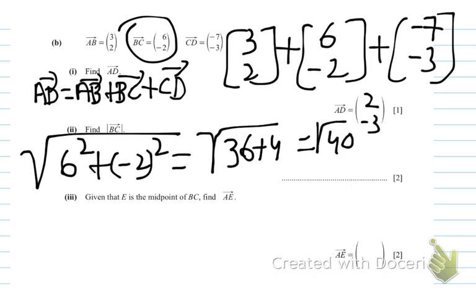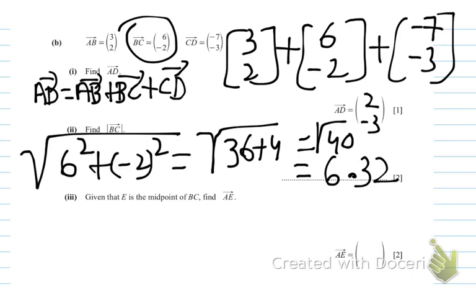You can leave your answer in this form, or show it in decimal form. Since this is a P2 question, I can use a calculator. This is 6.32. The magnitude of BC vector is 6.32. Let's move to the next part.